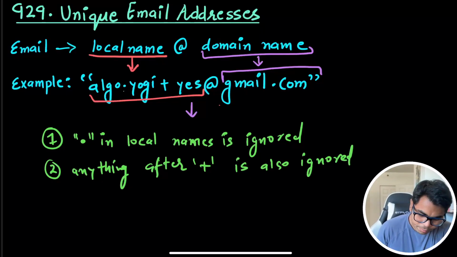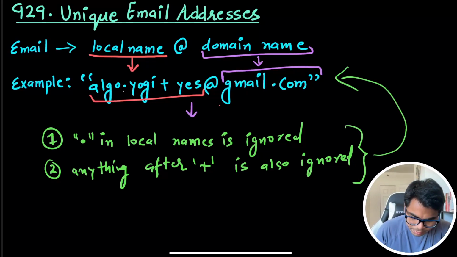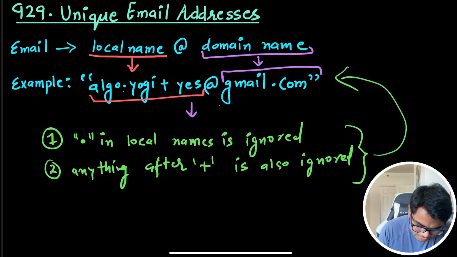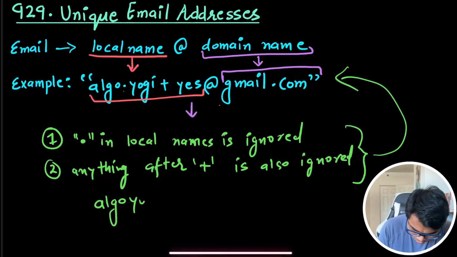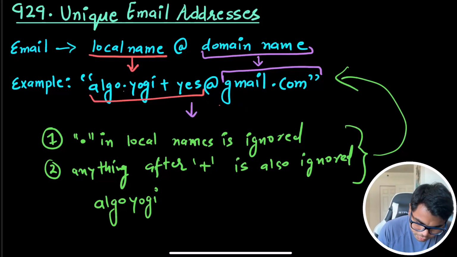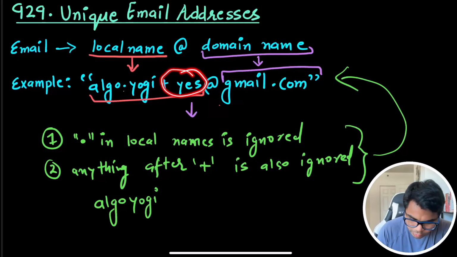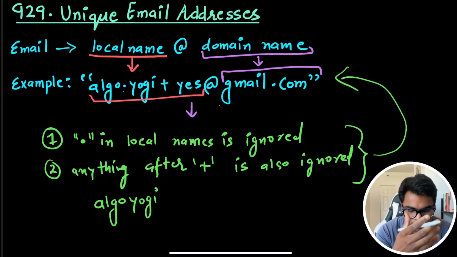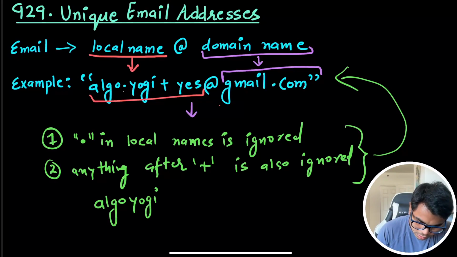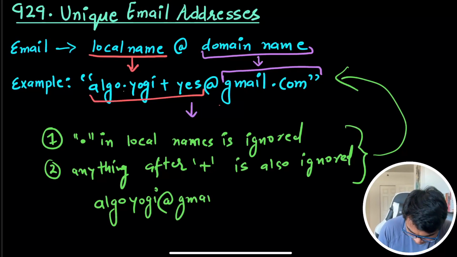So if we apply both these rules to this example that we have taken, we can simplify this to: Algo, period is ignored, Yogi, plus, and after the plus everything is going to be ignored. So this thing right here is going to be ignored. Whenever you are seeing a plus, you will be ignoring it. And then @gmail.com.